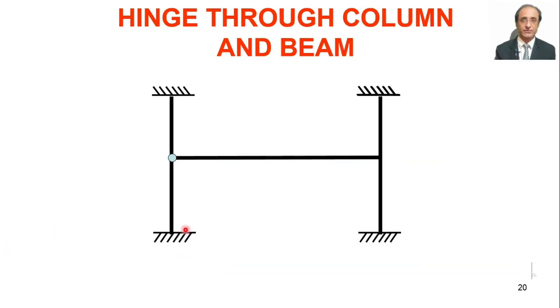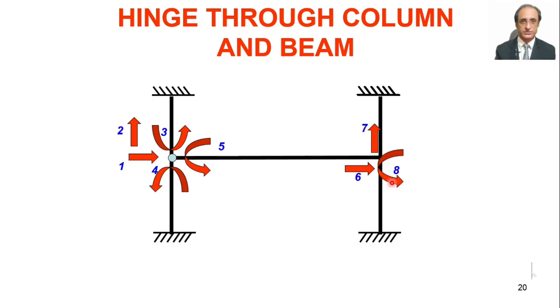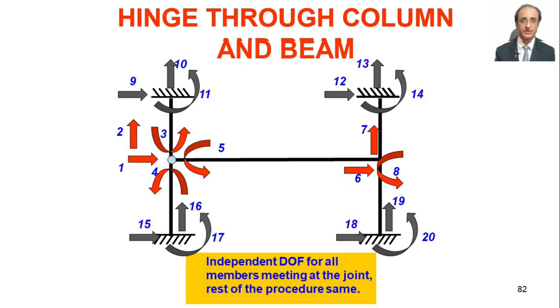Now how is the previous case different from the case where the hinge is common to all the beams and columns meeting at the joint? Now here there would be a triplication of the degree of freedom corresponding to rotation. Instead of one common degree of freedom like this, there will be 3 different rotations here, each corresponding to different members meeting here, and then the rest of the numbering will be as before, but the only thing is that 2 numbers have increased.